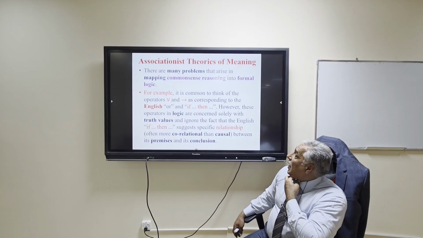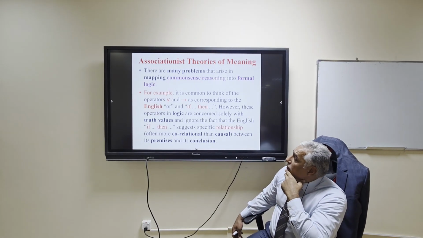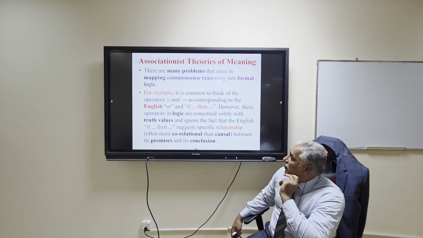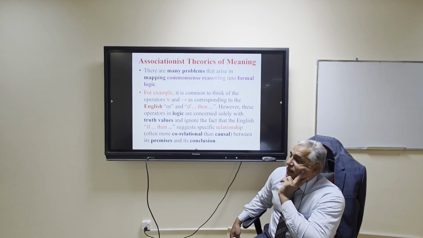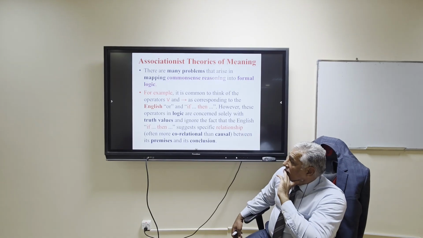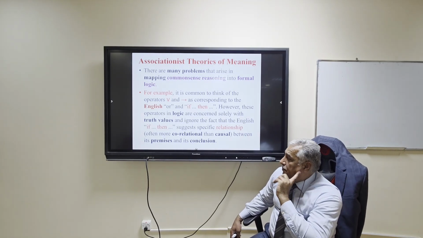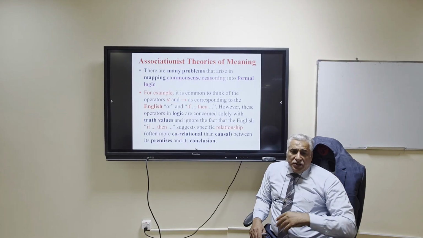However, these operators in logic are concerned solely with truth values and ignore the fact that the English "if then" suggests a specific relationship or correlation or causality between its premise and its conclusion.